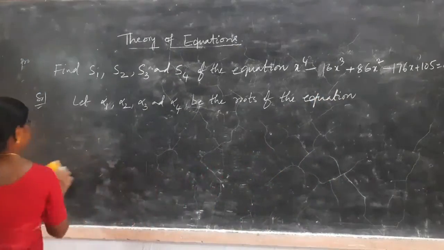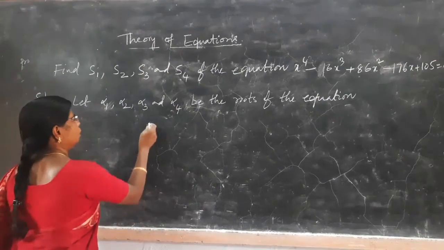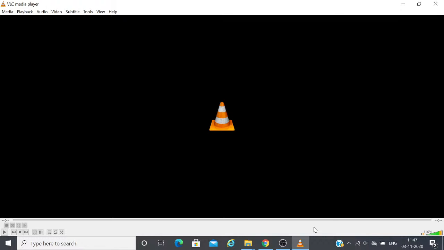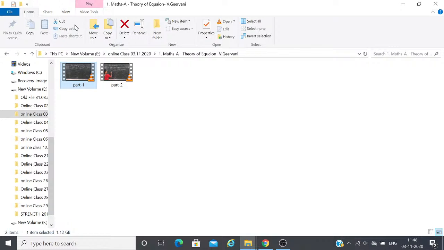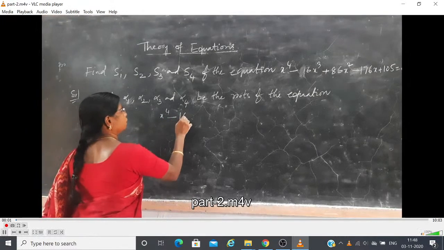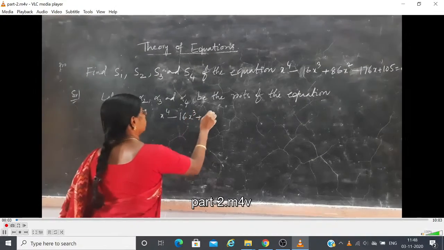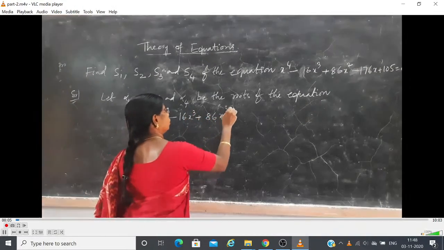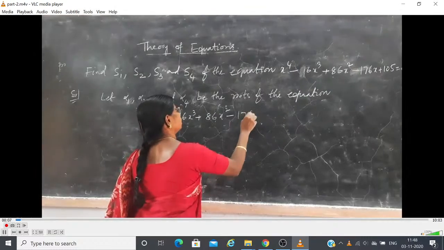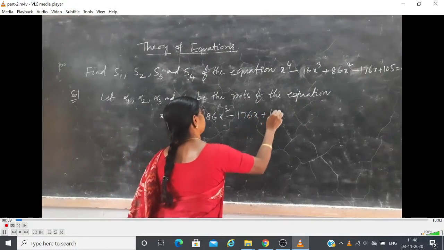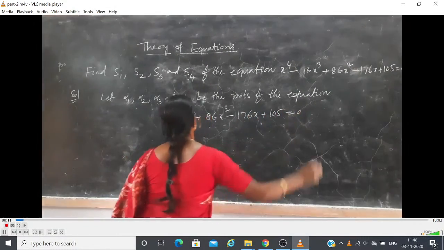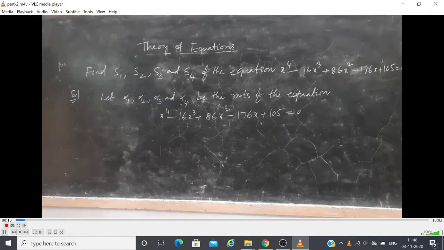It is a fourth degree equation, so it has 4 roots. So what is the equation? That equation, see here, x power 4 minus 16x cubed plus 86x square minus 176x plus 105 is equal to 0.